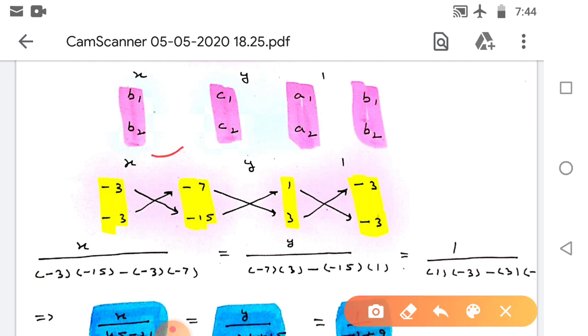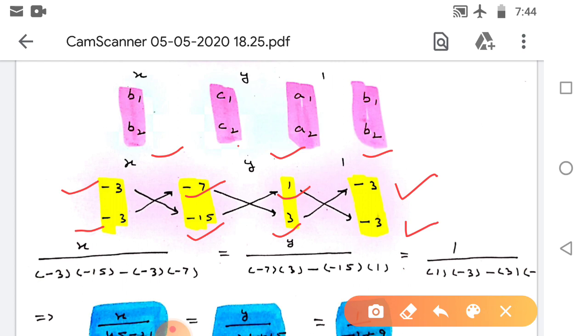Now look at here. Again x, y, 1 all positive. Now b1 is minus 3, b2 in this case is minus 3, c1 is minus 7, c2 is minus 15, and the value of a1 is 1, the value of a2 here is 3, and the value of b1 is minus 3, and the value of b2 is minus 3. Clear?